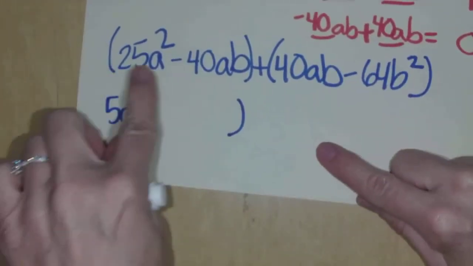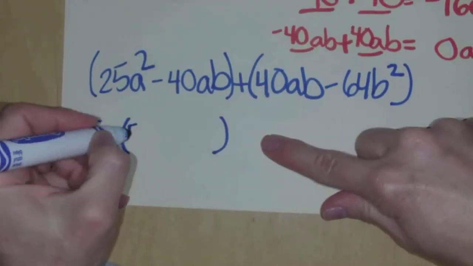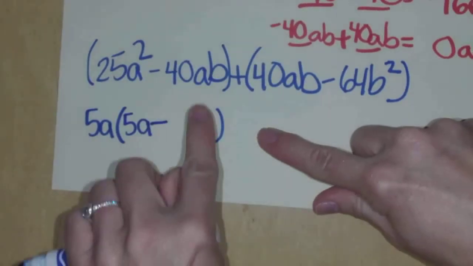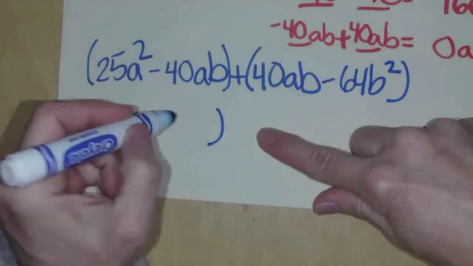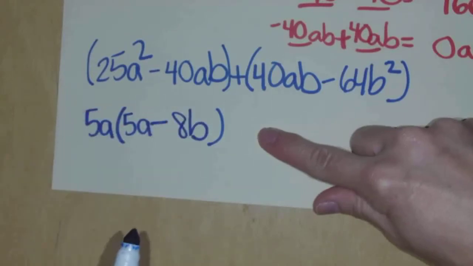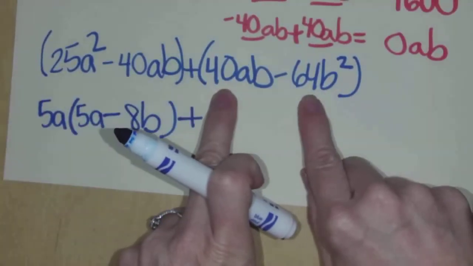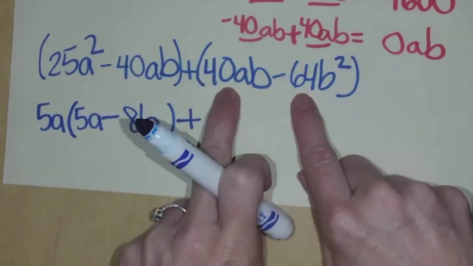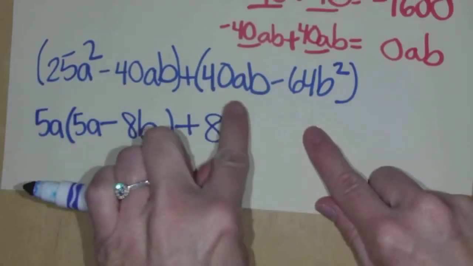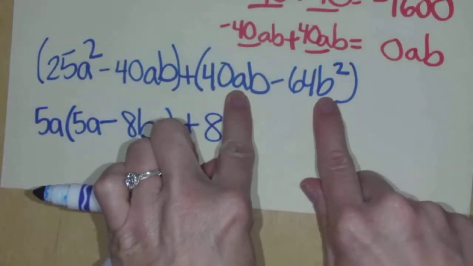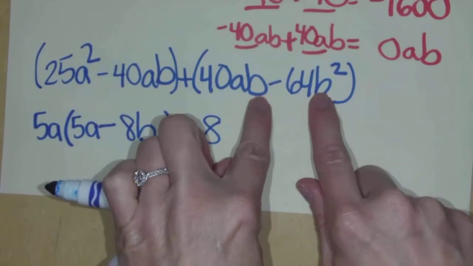When I take 25a squared divided by 5a, I get 5a, minus 40ab divided by 5a is just going to give me 8b, plus. Okay, the biggest number that divides into 40 and 64 is going to be 8. And my fewest exponents: the fewest a's is none, and the fewest b's is 1.